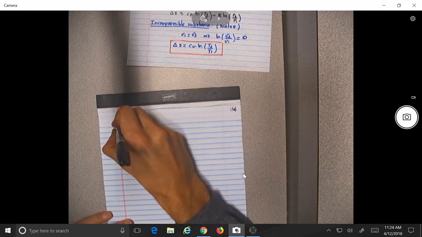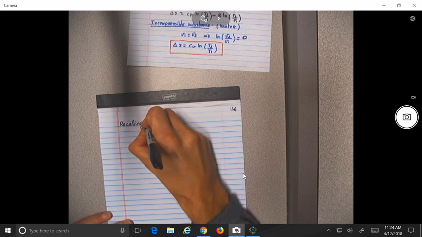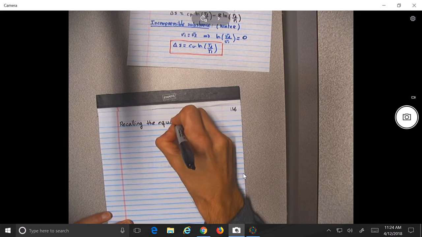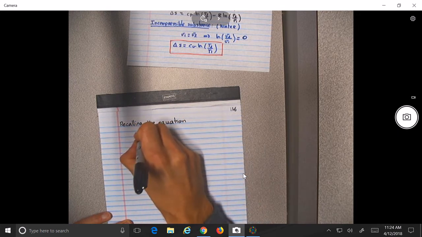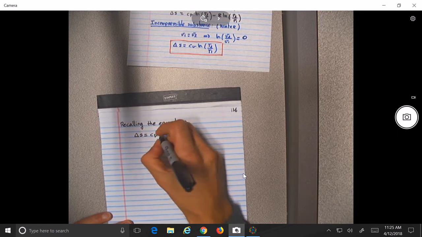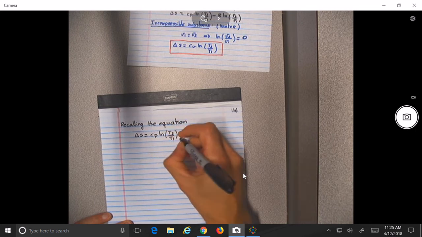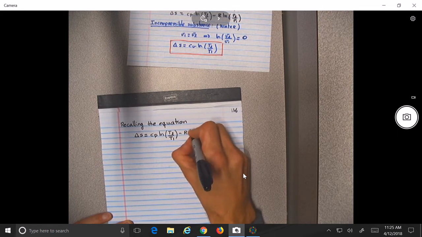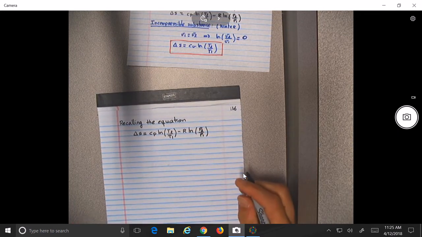Okay, so recalling the equation delta S equal to Cp log T2 over T1 minus R log P2 over P1.